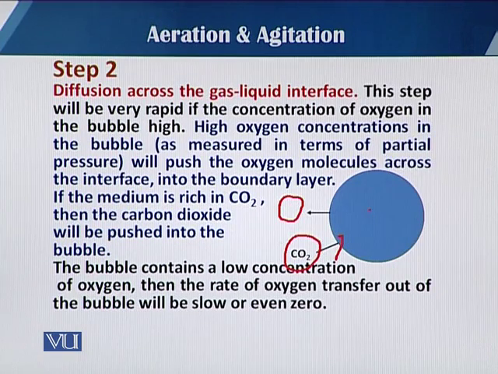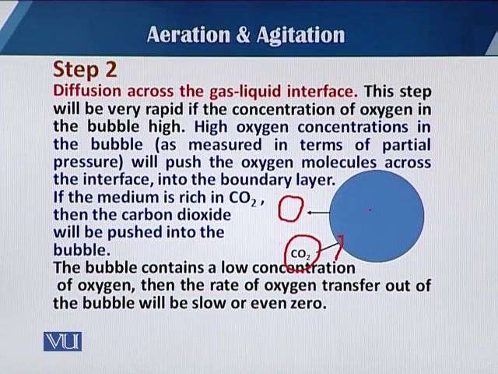Oxygen has to come into the medium, and the carbon dioxide produced during the respiration and fermentation process has to escape from the fermentation medium. This means aeration and agitation is the way for mass transfer, the exchange of gases as well as other transfers, in terms of heat and others.